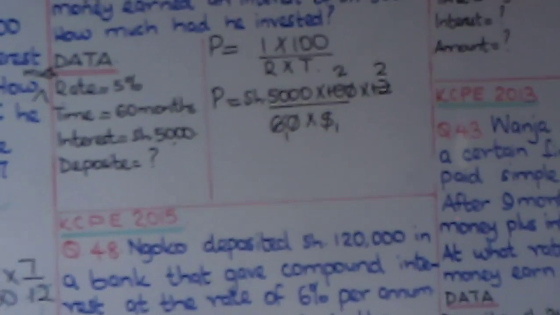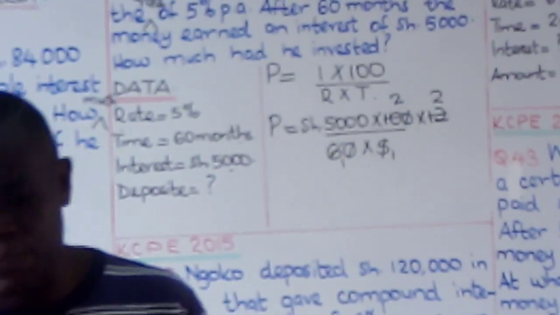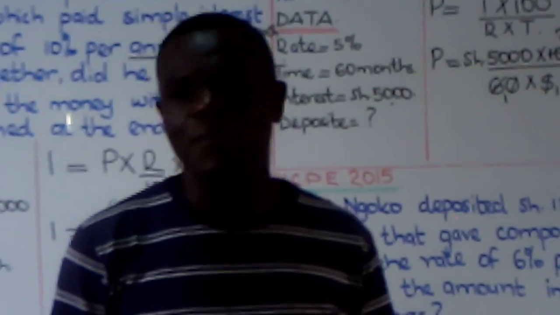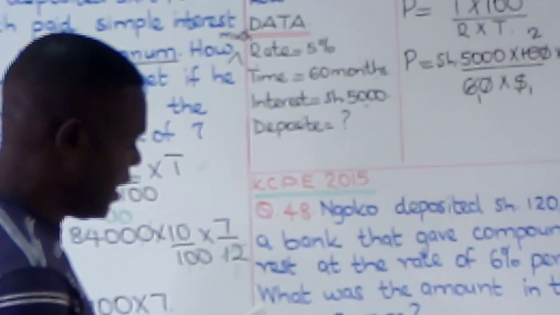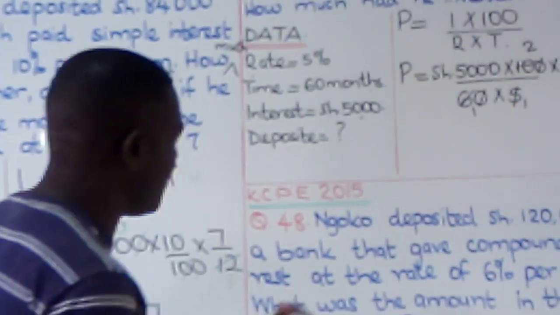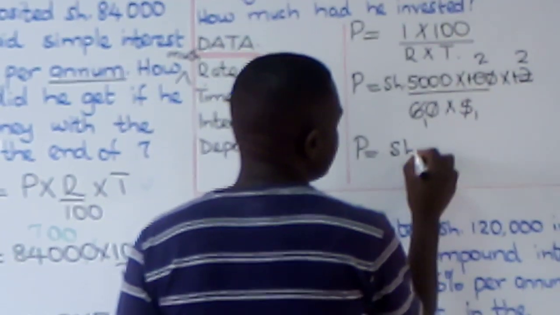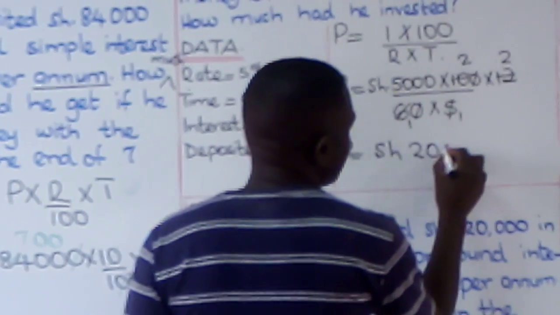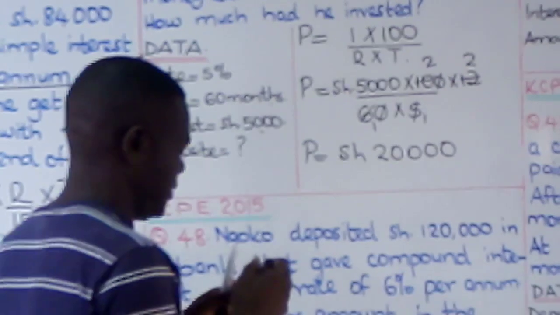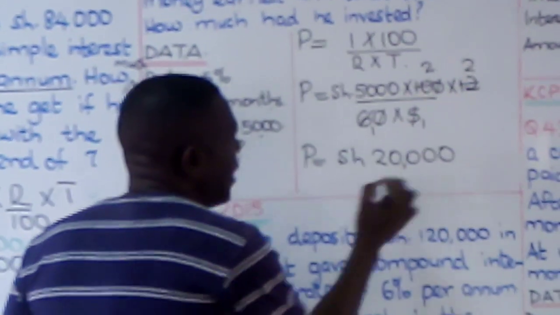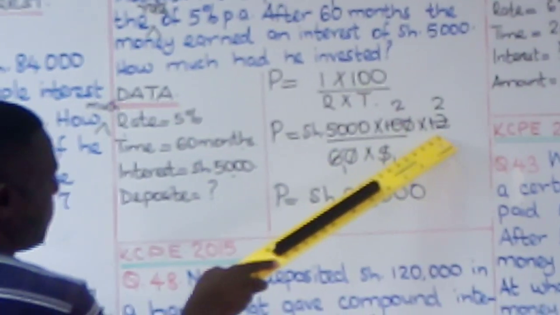Who is ready to give me the right answer? Evelyn Wairimo. Yes. Very good. Evelyn, you are very fast and accurate. So the principal here would be Kenya shillings 20,000. I hope you all understood, especially why we multiplied by 12 up there.